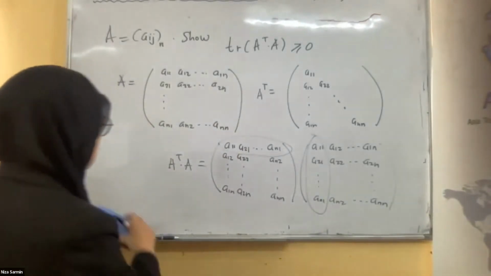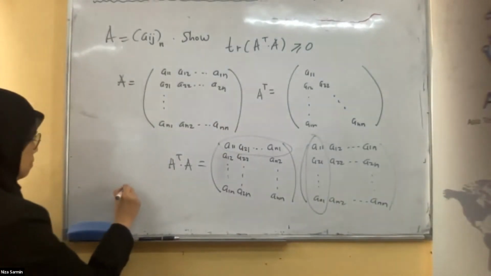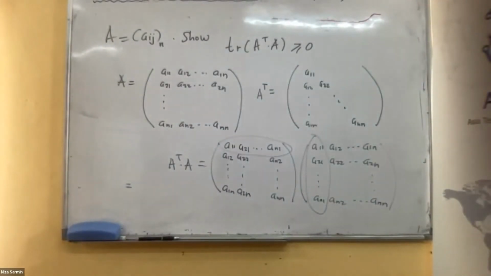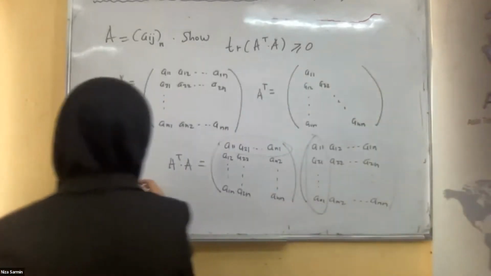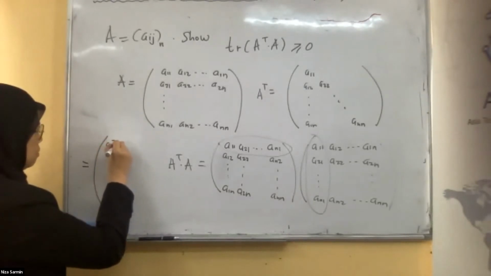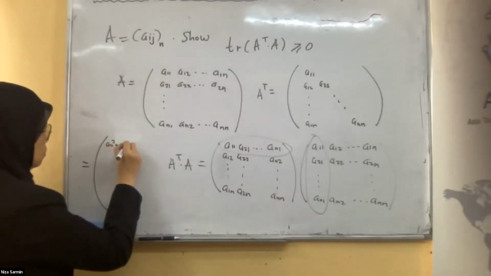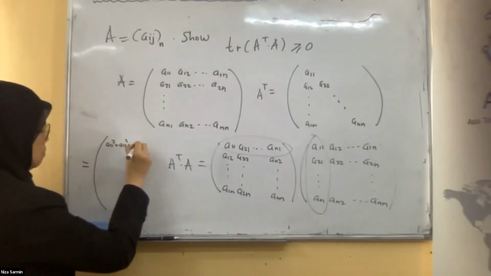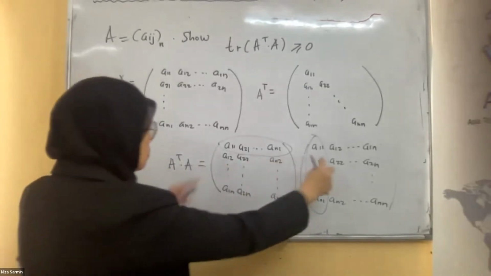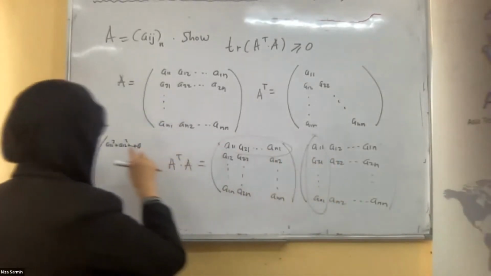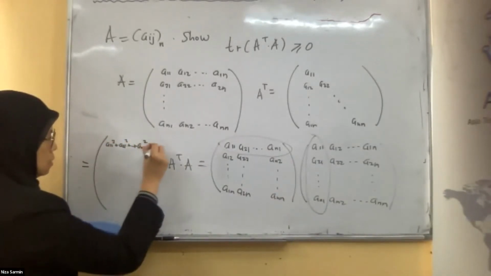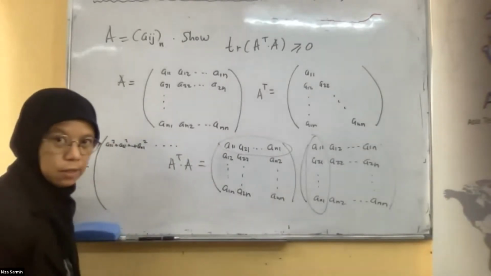So the diagonal of this is A11 squared plus A21 squared plus up to AN1 squared. This is the diagonal, and then whatever for the rest.